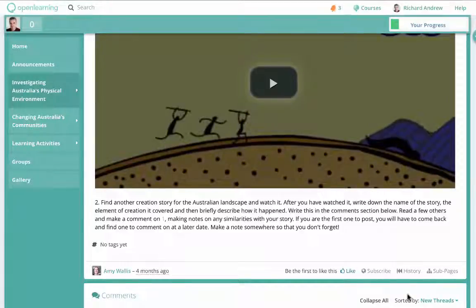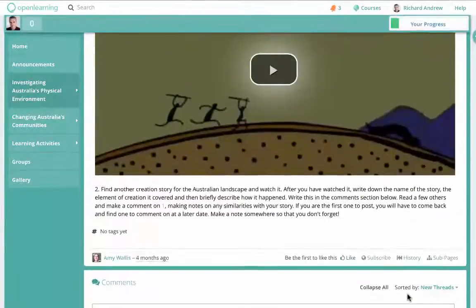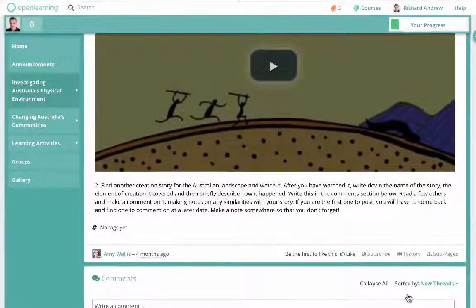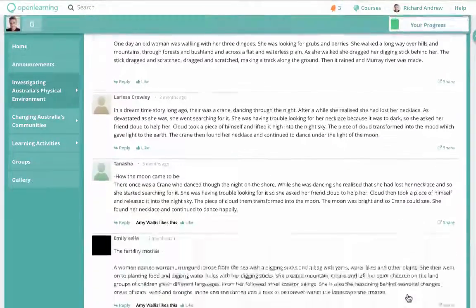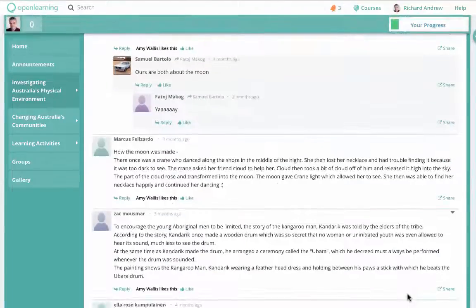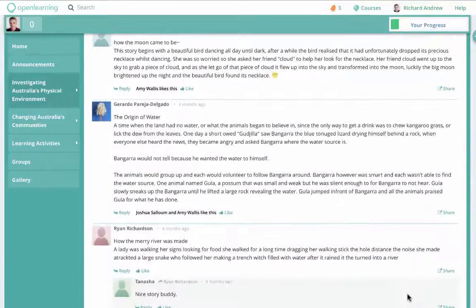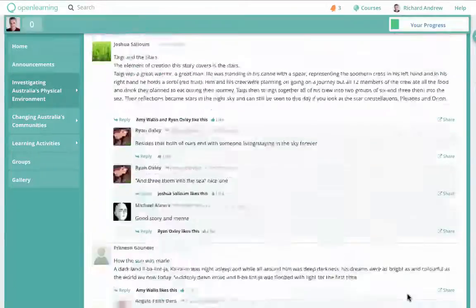Then they had to write down the name of the story and the element of creation that it covered in the comment section, and then they had to find somebody else's comments and have a look at that, which they did, and they found some really interesting similarities between their stories, which was great.